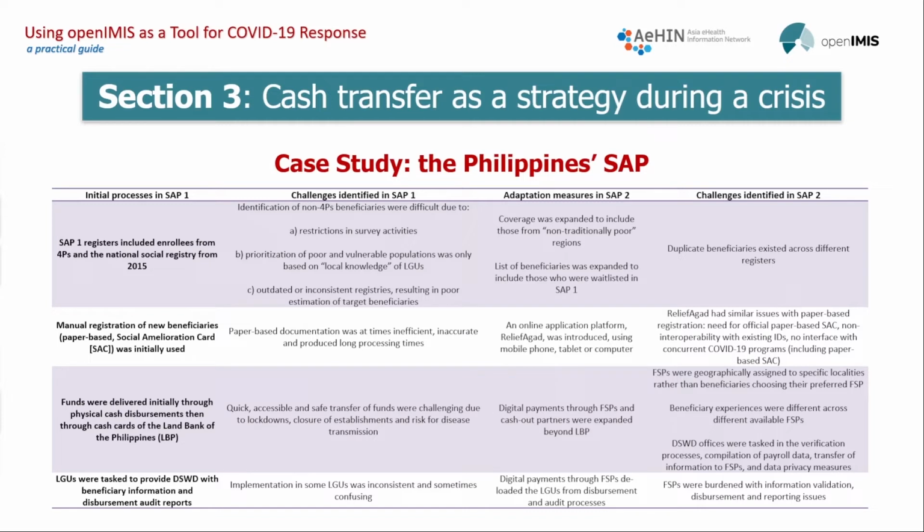Number 3, the recognition of the need for better information management systems and coordination, particularly between DSWD and the FSPs. And number 4, improved and enhanced grievance reporting systems, which we will be talking about again in a future video.